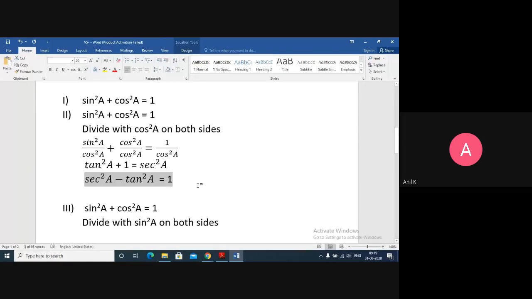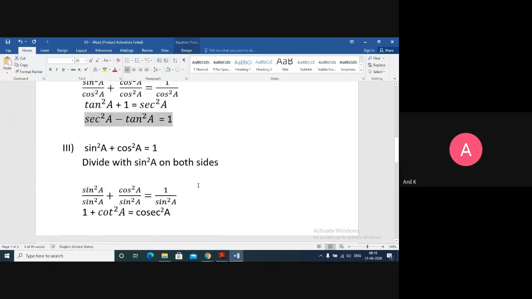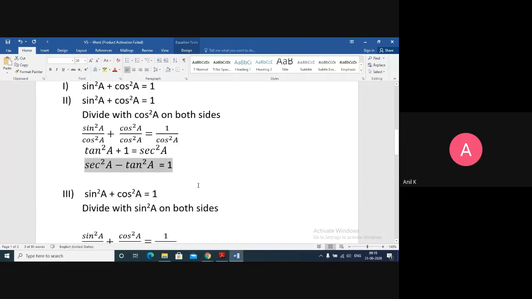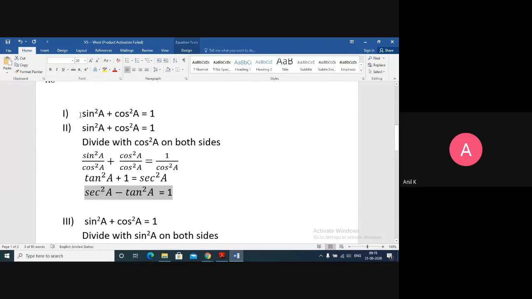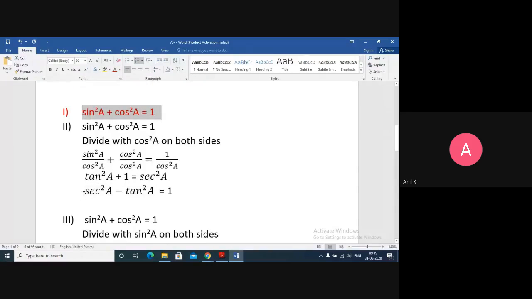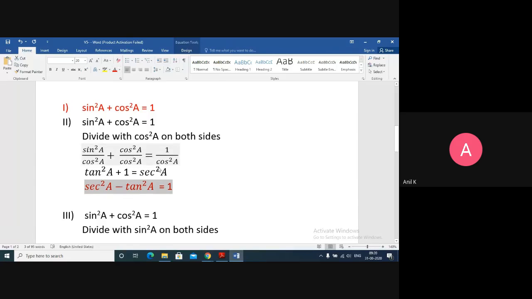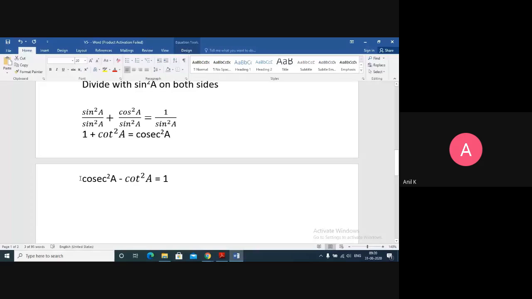It is very difficult for us to remember all those formulas. What we do is remember only these three formulas, and whenever required, we can rearrange them. The first formula is sin square A plus cos square A equals 1. The second is sec square A minus tan square A equals 1. The third is cosec square A minus cot square A equals 1.